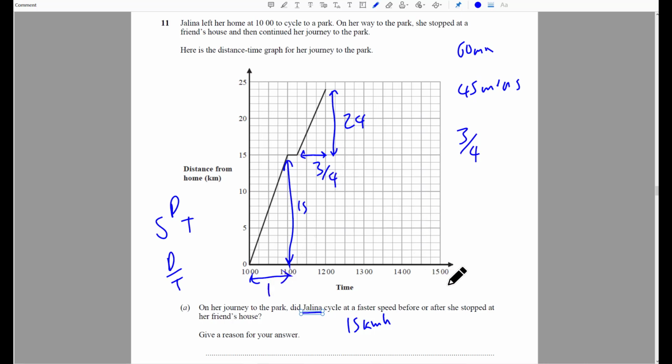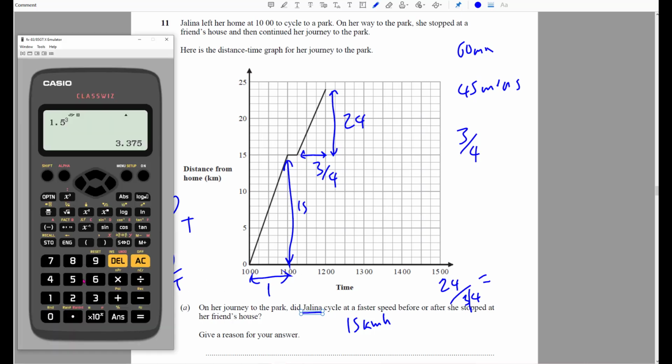And what's 24 divided by 3/4? Not 34, 3/4. That's going to be 24 times 4 divided by 3, but if you've got a calculator, might as well use it.